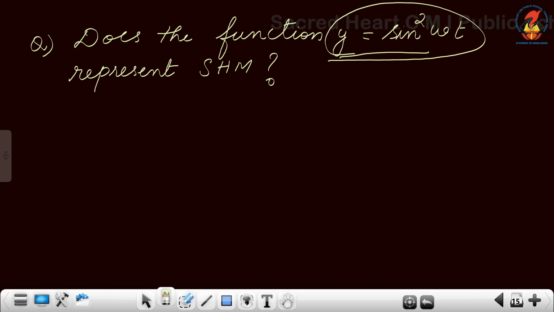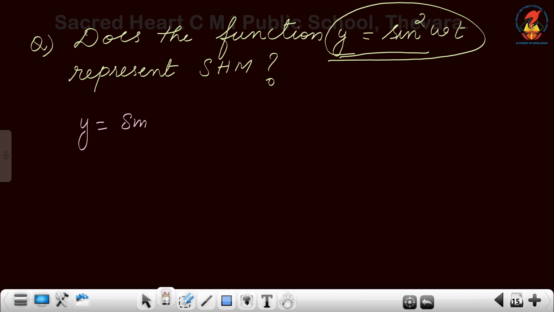Now, in our case, we have been given the displacement of the particle. What is the displacement here? y is equal to sine square omega t. If we find out the acceleration from this equation and if that acceleration is found to be proportional to the displacement, definitely the motion is said to be simple harmonic. So, let us find out the acceleration of the particle. Now, to find the acceleration, first we have to find out what?